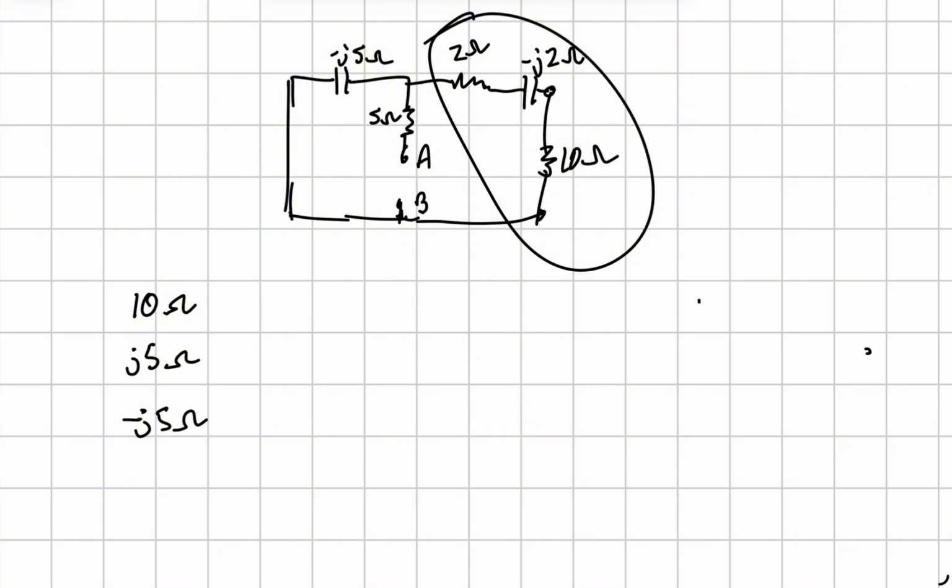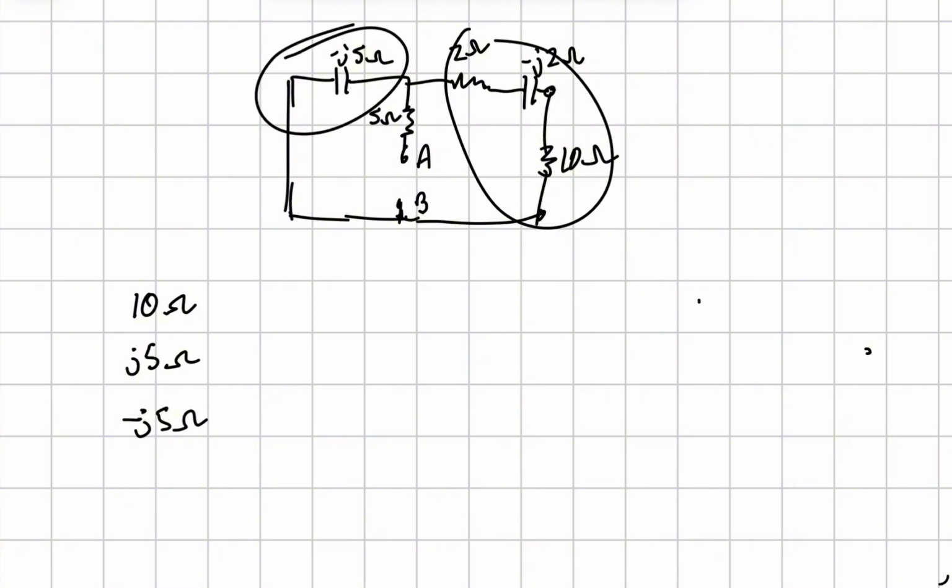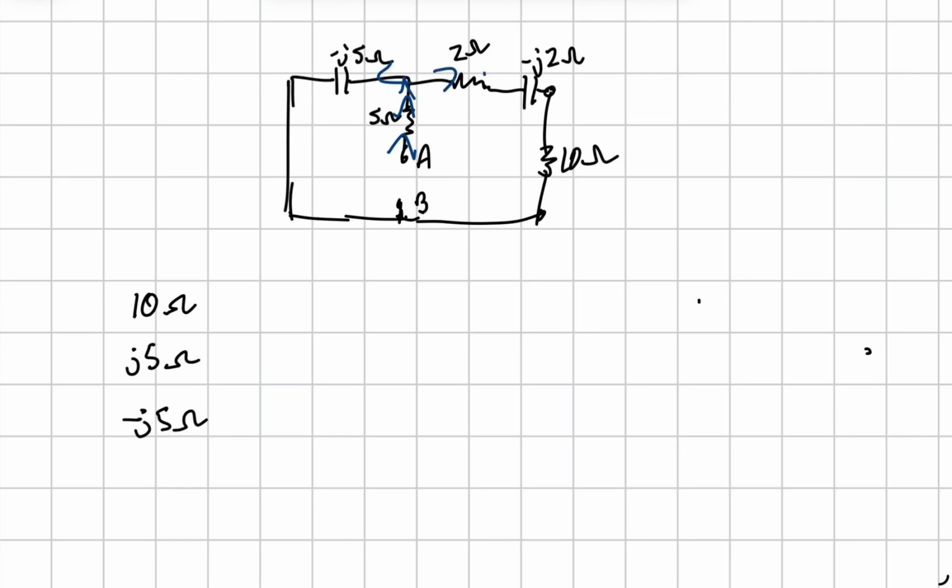It would be 12 minus J2, and you would have minus J5 hanging in there as well. So the way I would do it is these two are in parallel, because when you look through it, the current splits between them and it goes back to normal.